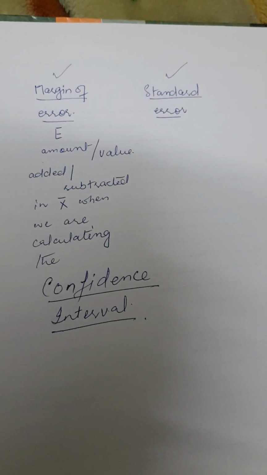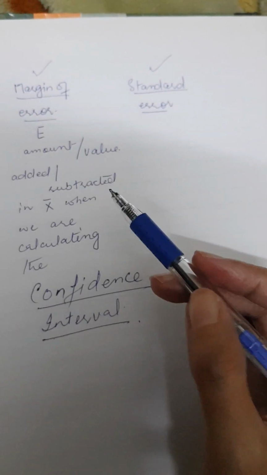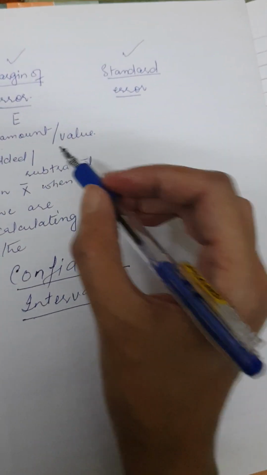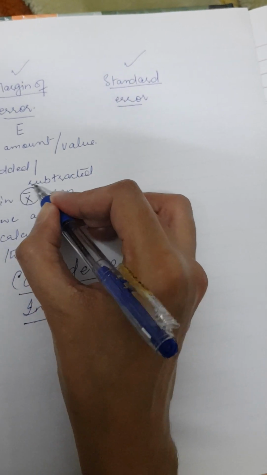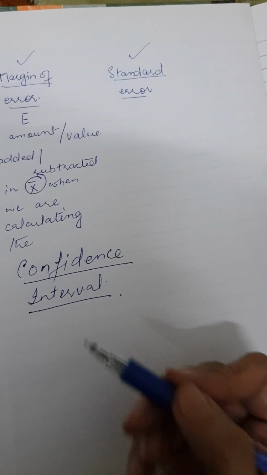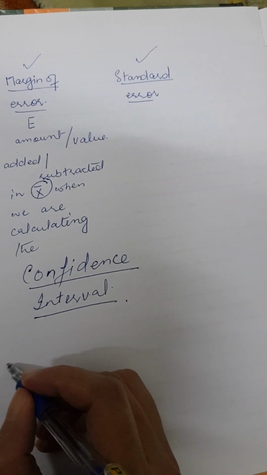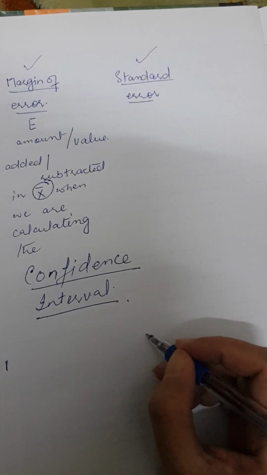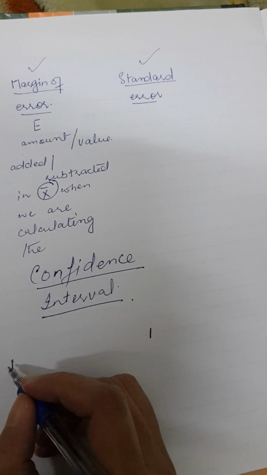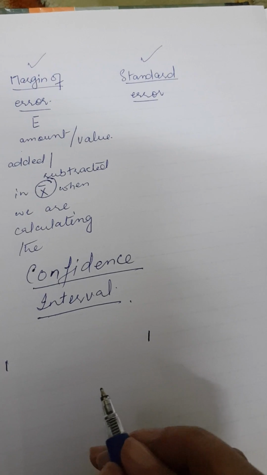What is the margin of error? Margin of error E is the value that is added or subtracted from the sample mean when we are calculating the confidence interval. And the confidence interval is the interval within which the population mean is present.